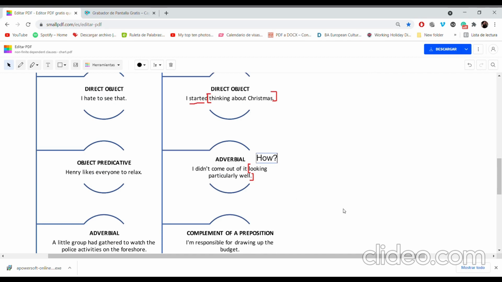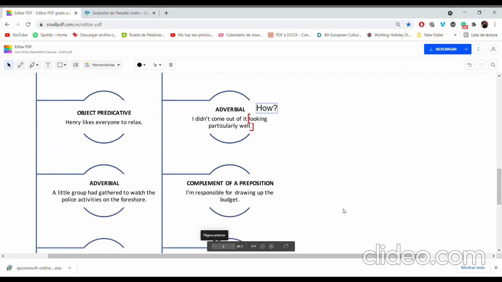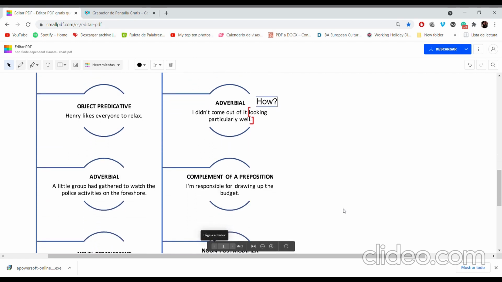Ing clauses can also serve as complements of prepositions. This means that the ing clause in this case will be placed after a preposition, complementing or giving us extra information to complete the idea of that preposition. For example, I'm responsible for drawing up the budget. In this case, our ing clause is giving us information about I'm responsible for what.